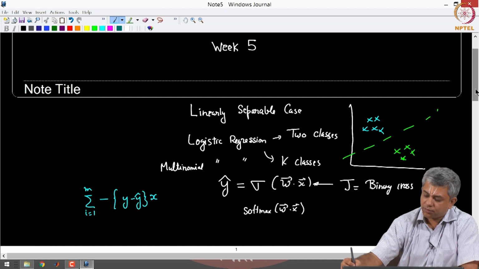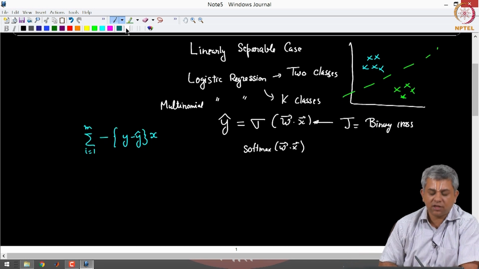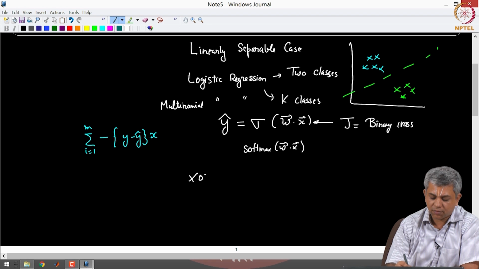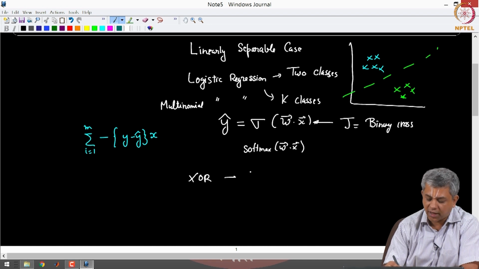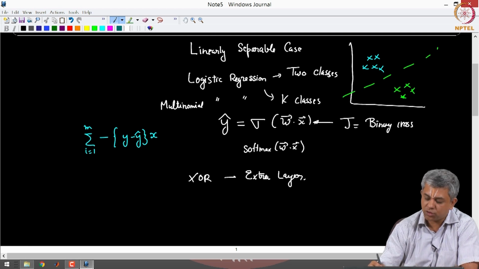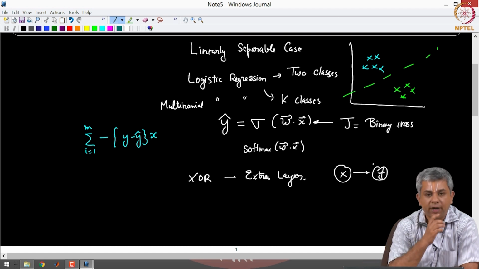When we tried this for XOR, we saw that it needed an extra layer in the middle. It is not possible to simply take an input and map it directly to an output without a hidden layer.